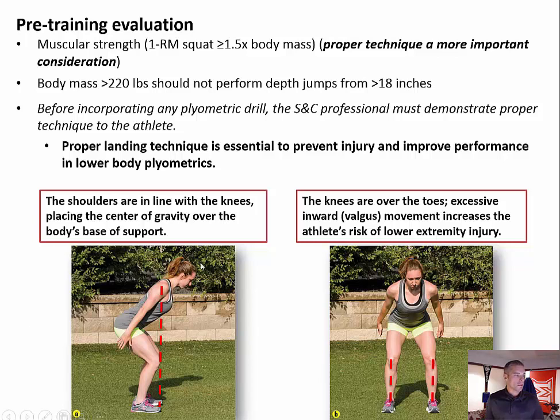This female athlete has her shoulders in line with the knees, placing the center of gravity over the body's base of support. If we look at her from the front, the knees are over the toes, therefore avoiding excessive inward or valgus movement, which increases the athlete's risk of suffering some lower extremity injury, including injuries to the knee.